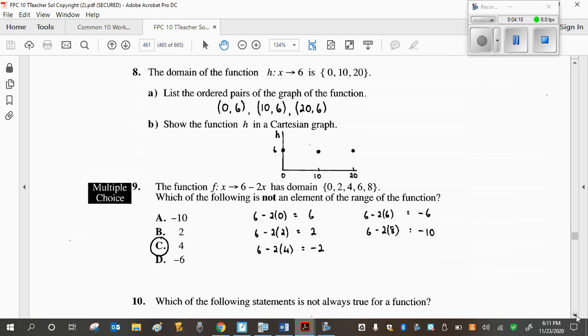Similarly, this is a weird one, so you can go ahead and star this one. It says y equals 6. It's f of x. The domain is the x: 0, 10, and 20, and your y is always 6.